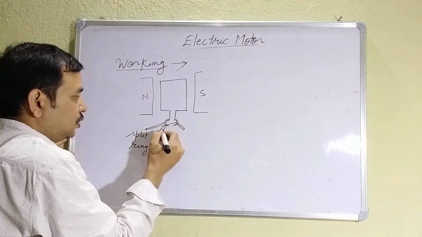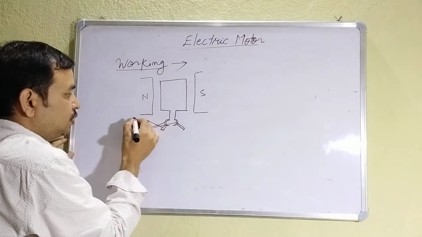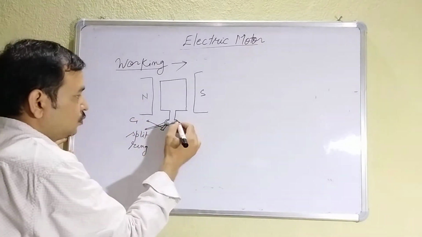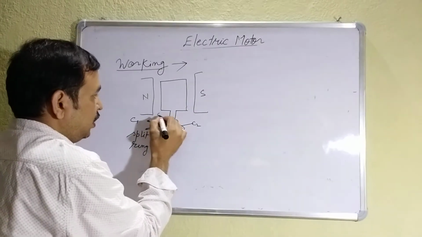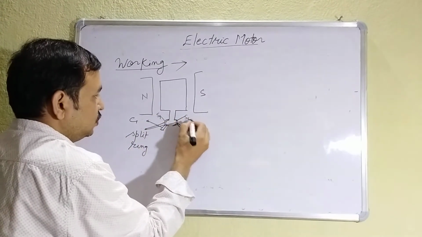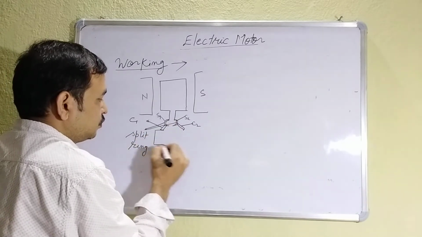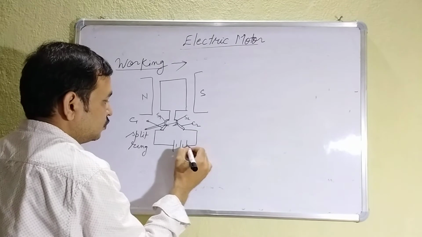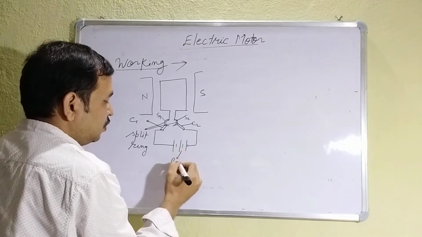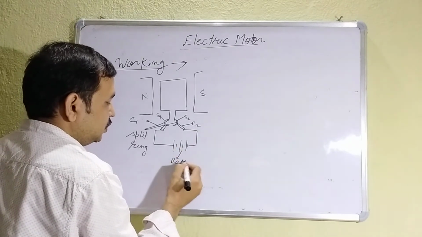Suppose this is carbon brush C1, this is carbon brush C2, this is split ring S1, S2. This is battery or cell.